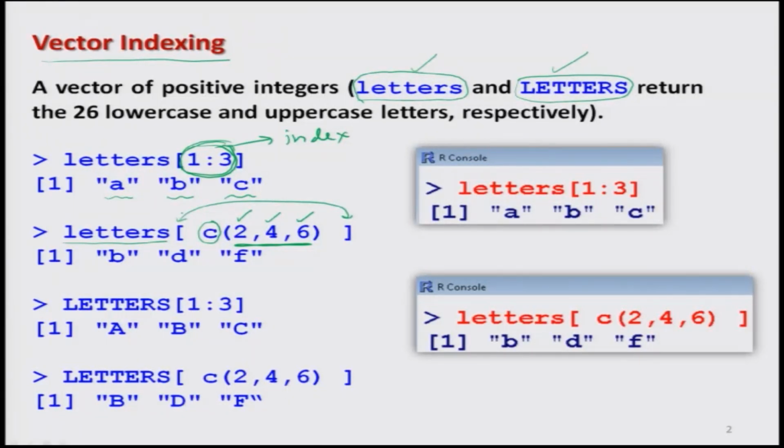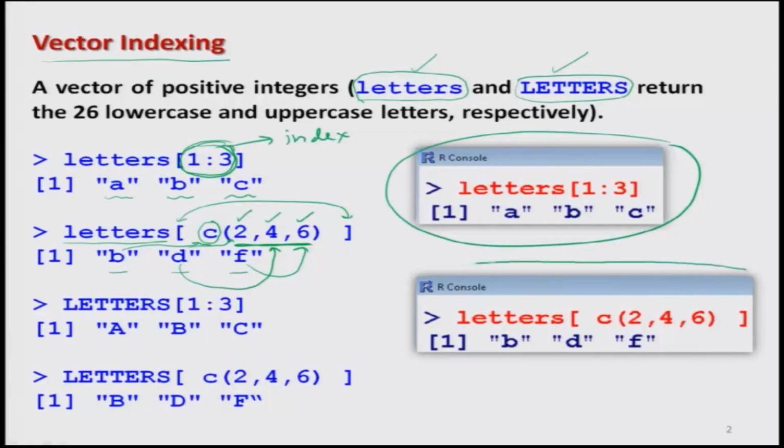And then you can see I am getting the output B, D and F. This means B is at the second position, D is at the fourth position and F is at the sixth position. And you can see I have given the screenshot also.